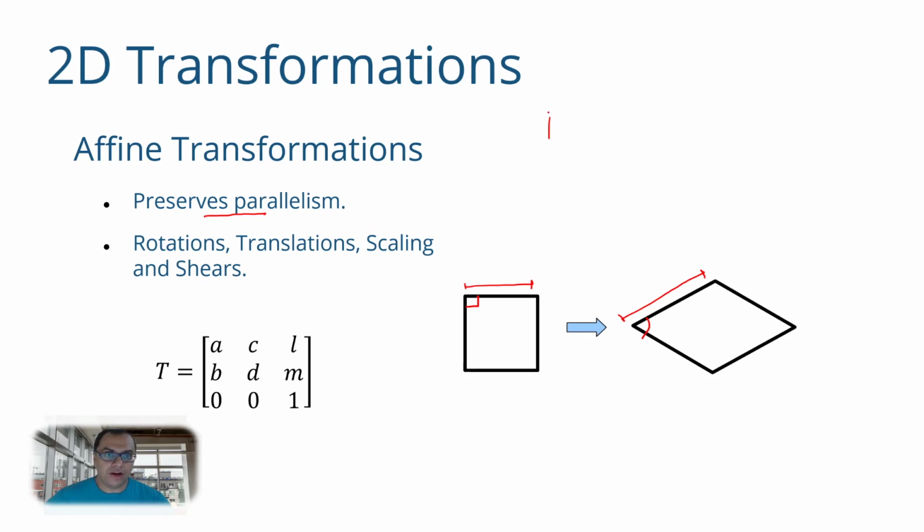You cannot do this change, for example. Assume that this is my square. You cannot convert a square to a trapezium. This is not possible using an affine transform.